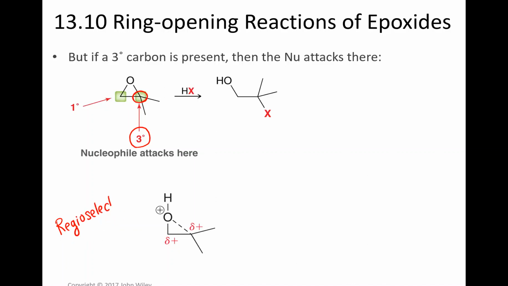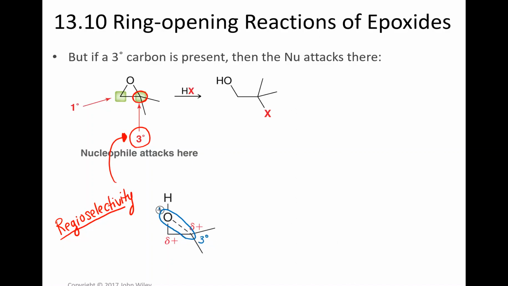So we have different regioselectivity when there's a tertiary carbon present as part of the epoxide. The reaction mechanism proceeds the same way. We first protonate the epoxide, but because of the tertiary carbon, the carbon-oxygen bond between the tertiary carbon and the oxygen is weakened.